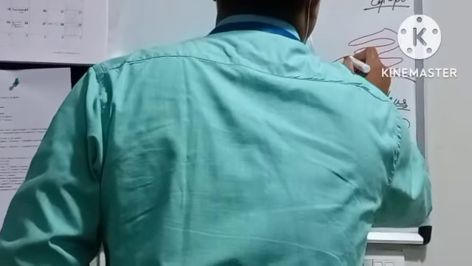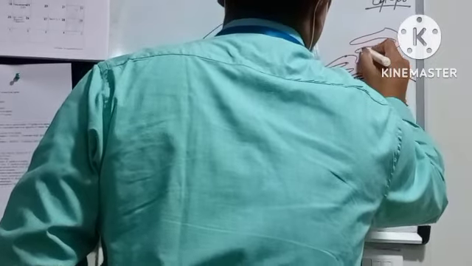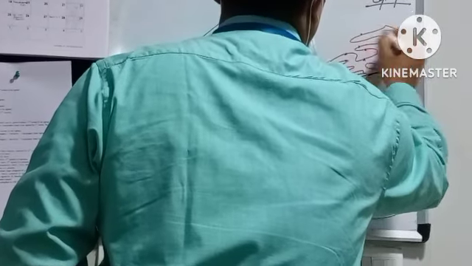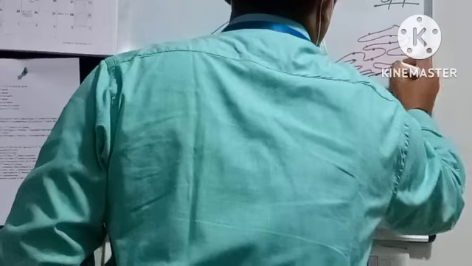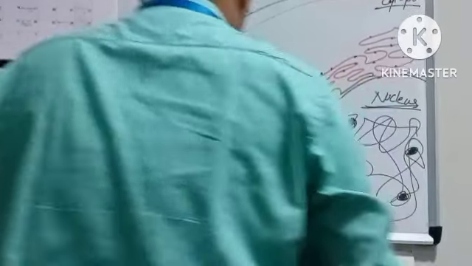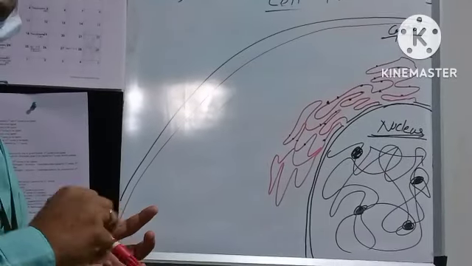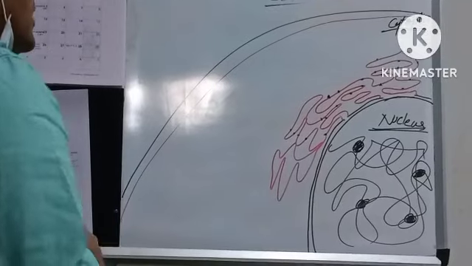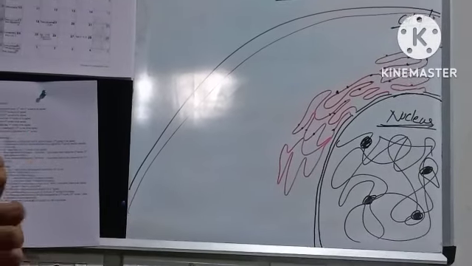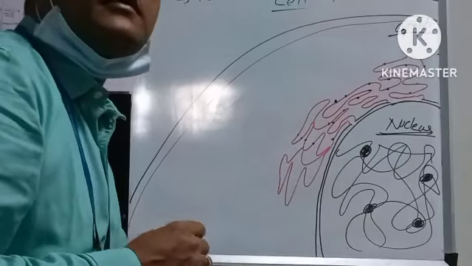So what are the types of ER you know? Smooth and rough. Okay. Why is it smooth? Why is it rough? Are they both same or different? Ribosomes. Yeah. So you have ribosomes attached to endoplasmic reticulum that makes it look rough. Otherwise, structurally, both are same.